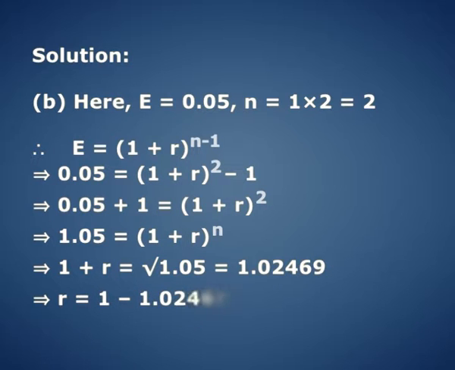So that is equal to 1.05 is equal to (1 plus r) to the power n. Now 1 plus r will be equal to under root of 1.05. So that is equal to 1.02469. So that gives r is equal to 1.02469 minus 1, which gives us 0.02469.